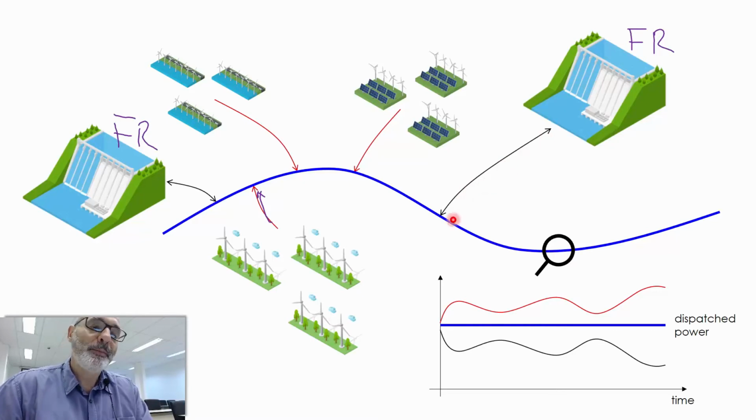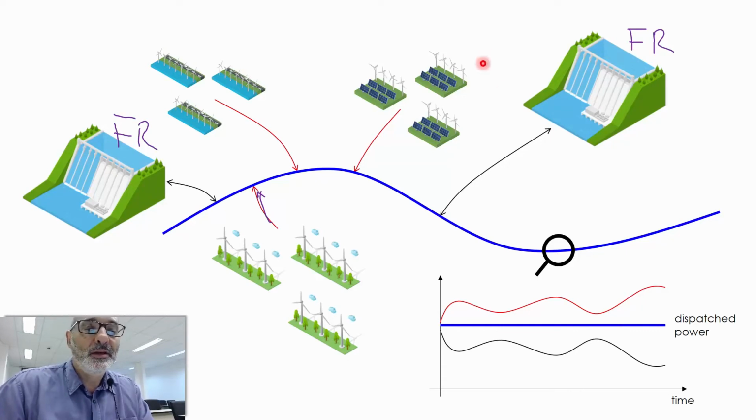Explaining what I mean by absorbed, because you can actually do the following. If you have excess, if you have a lot of wind and a lot of sun, so you have more power than what's being demanded by the consumers, you can use this power in order to pump water from here to here. I know at least one power plant like this in Bahia, here in Brazil. They have windmills and a small reservoir, and if you have excess power, you use it to pump water from here to here.